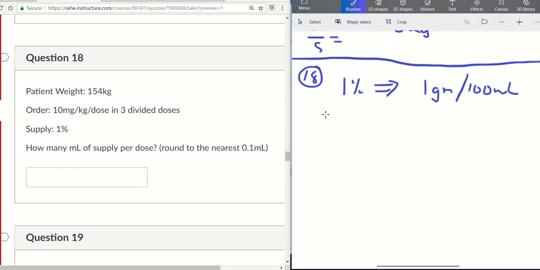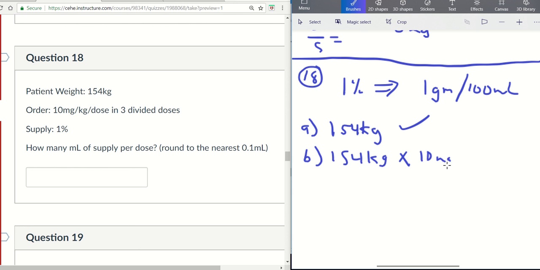So we converted our supply to something useful. Step A, 154 kgs, done. Don't have to change the pounds because we're already in kgs. So no math necessary. Make sure you pay attention to those units.